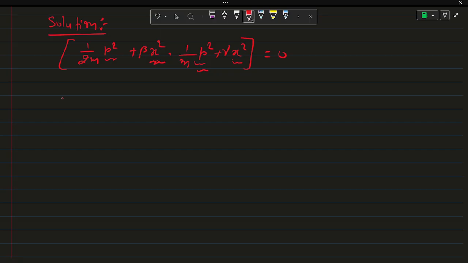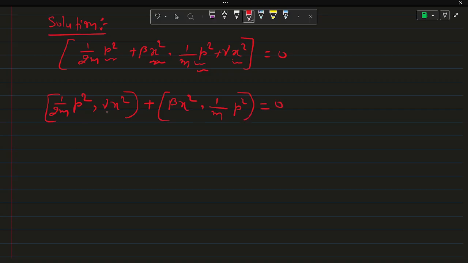So let's write it: 1 upon twice m p square with gamma x square, plus the other parts will be 0, and beta x square with 1 upon m p square is equal to 0.